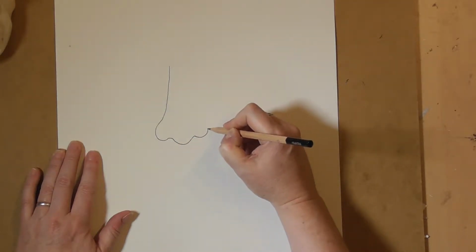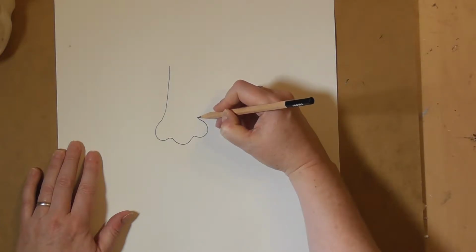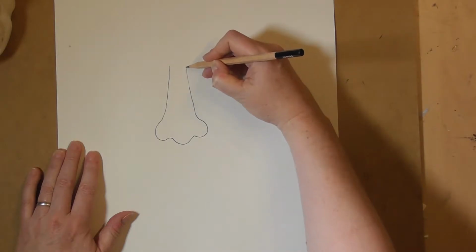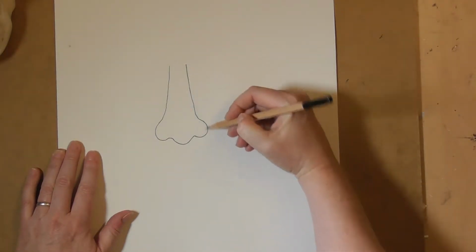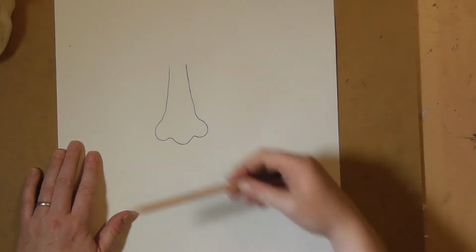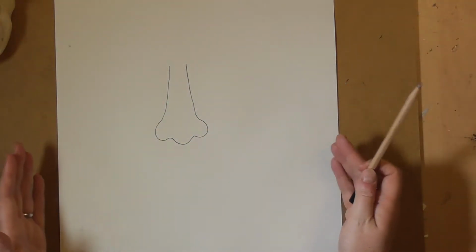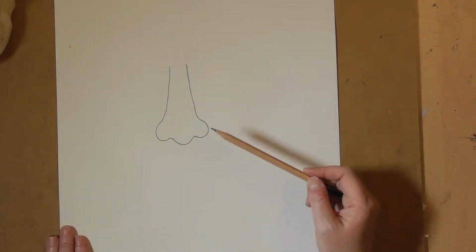Because we're trying to represent something three-dimensional in two dimensions, this generally seems to be the only way we know how to do that. It's a leftover from childhood. We tend to revert to the symbol system of representation.